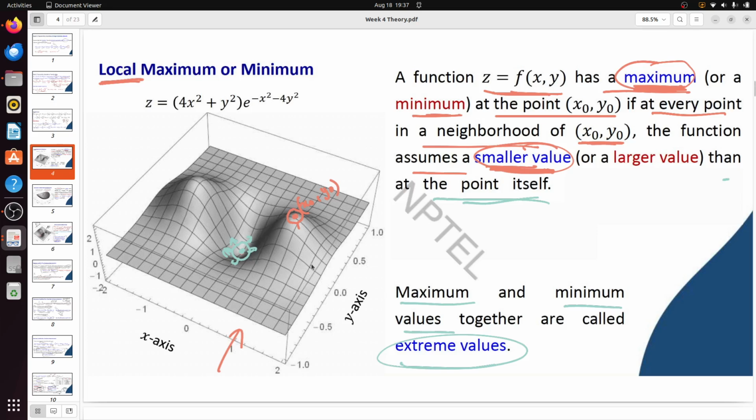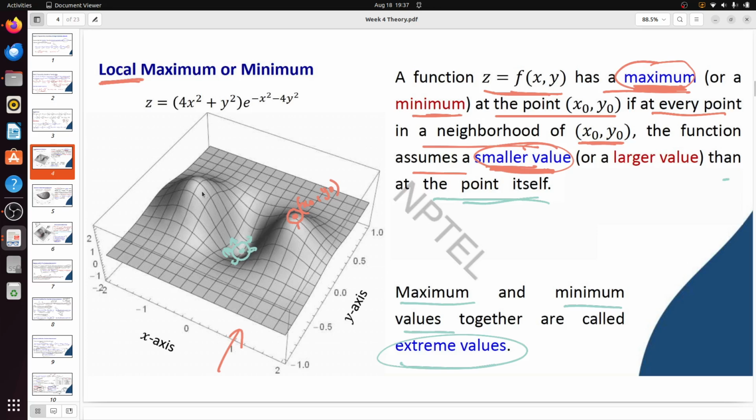You see this function: this point and this point are the local maximum points, right? And this is the local minimum point.